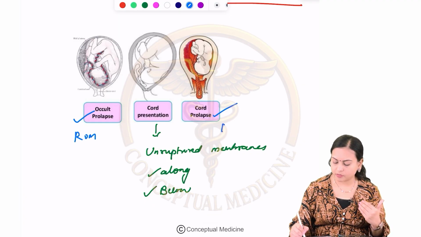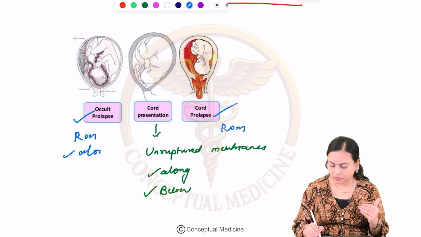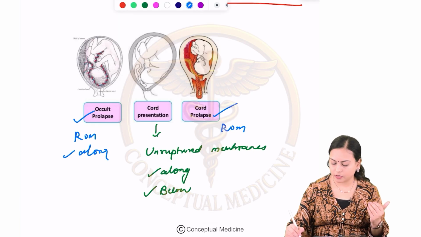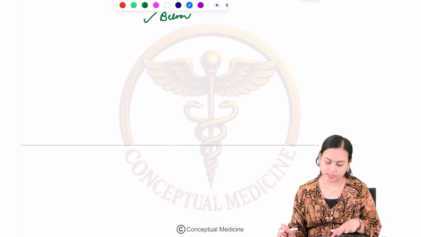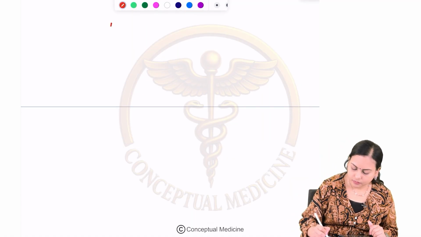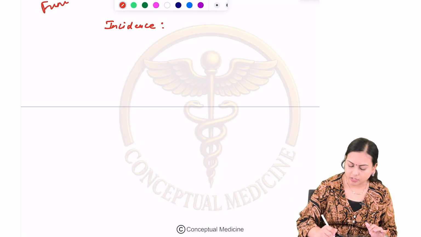Okay, rupturing of membranes would have already occurred, and in occult prolapse it is going to present along the side of the fetal head, whereas in cord prolapse it is going to present below the presenting part. Clear?